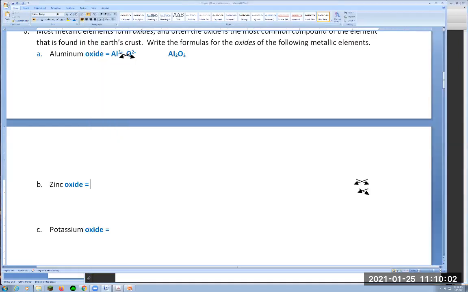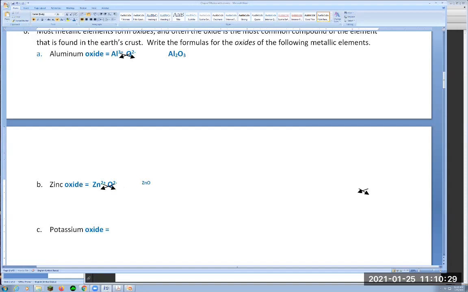So zinc, we know it's zinc 2+. Oxide, we already know it's O2-. So let me put the charges in superscript. And we can again do the crisscross trick. Or you can see also that 2 positive charges will cancel 2 negative charges.